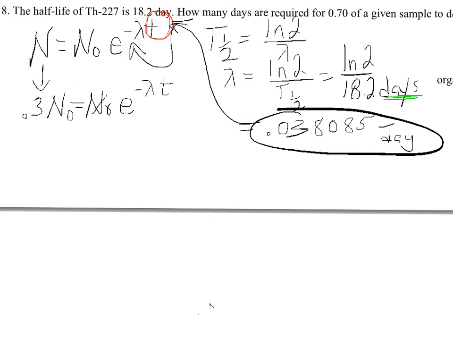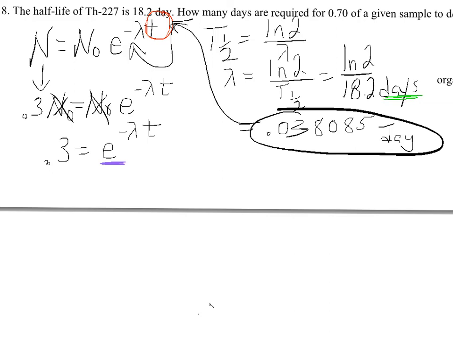And we can see here then that our N sub 0's cancel out, and we're left with 0.3 equals e to the negative lambda times the time. Well, this isn't really in a format we want to use yet. We want to get rid of this e. And so just like with any type of algebra, we have to use the opposite operation, which in this case is natural log.